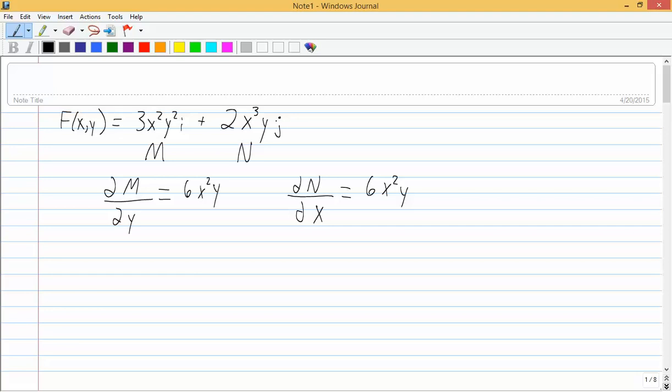And so since it's conservative, we can find a potential function for this vector field. The way that we do that is we integrate our M with respect to x, and we integrate our N with respect to y, and then we compare the two.